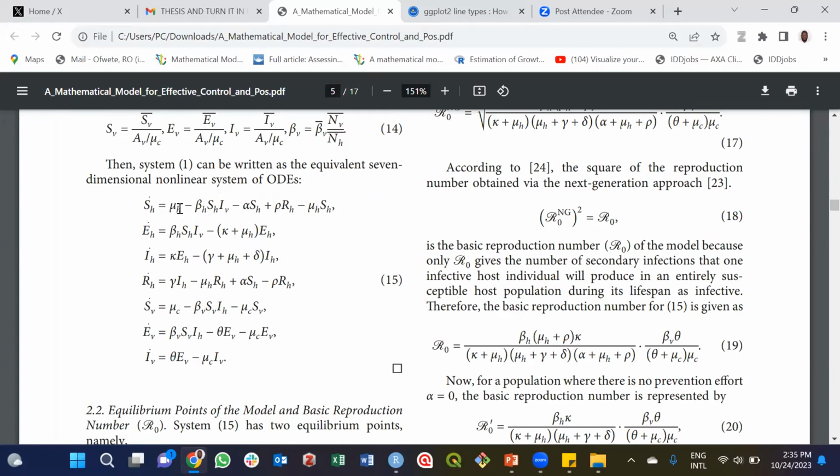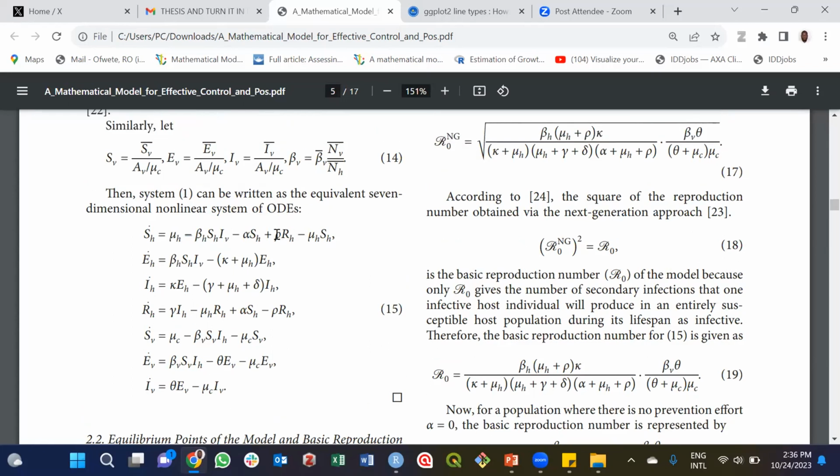So they're saying that here they had background births, and then this is the case of human susceptible. You're seeing that the human susceptible interact with the infected mosquito at that rate of infection for the humans, and they are leaving, so it is minus. Plus, this is rho of recovery. So this is definitely coming from the recovery compartment.